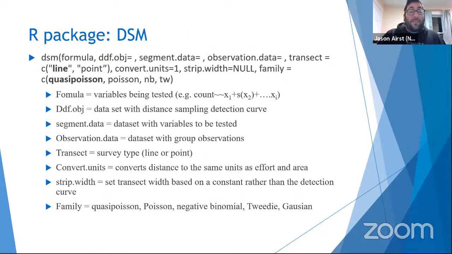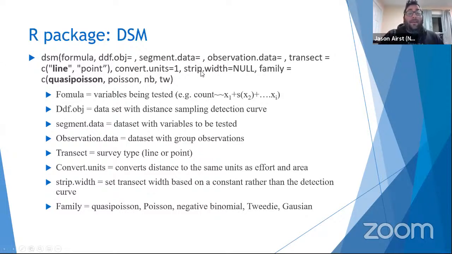So in this package, we use the function DSM, and the formula is the variables we're testing based on count data. If we're looking at the abundance, and if we wanted to look at the density instead, we would choose density equals these variables.